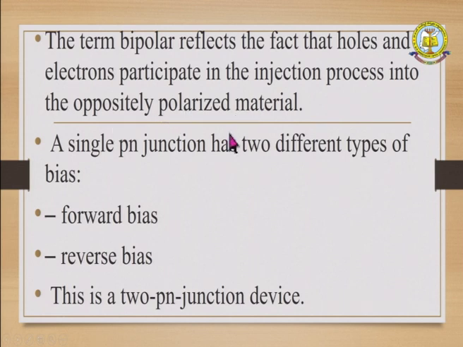A transistor has PN junctions with two different types of bias, meaning both the PN junction and the NP junction, in the NPN transistor and the PNP transistor alike. These two types are forward bias and reverse bias, as I already explained with this graph.